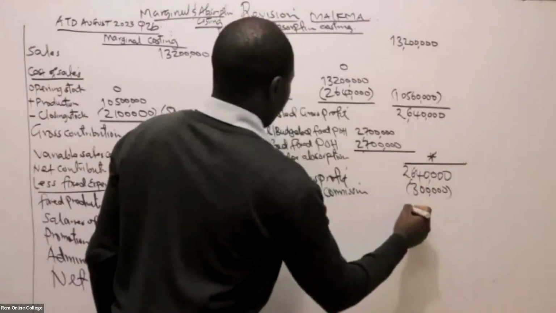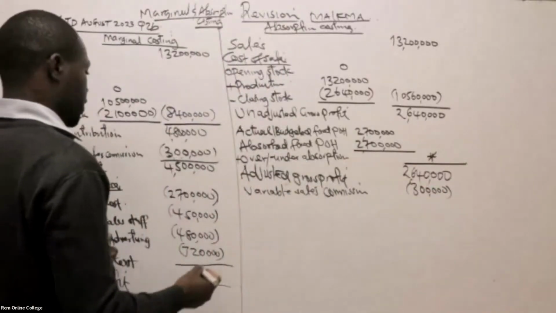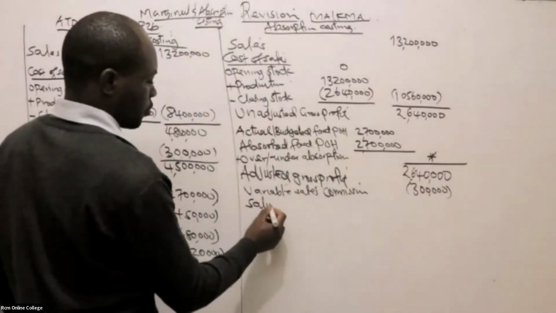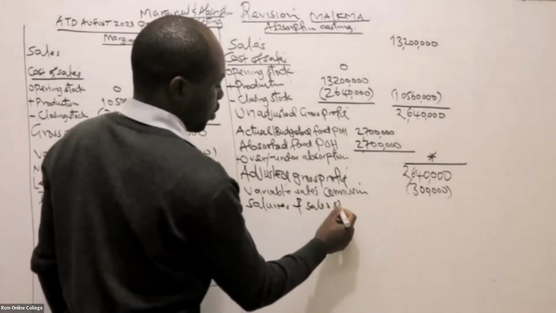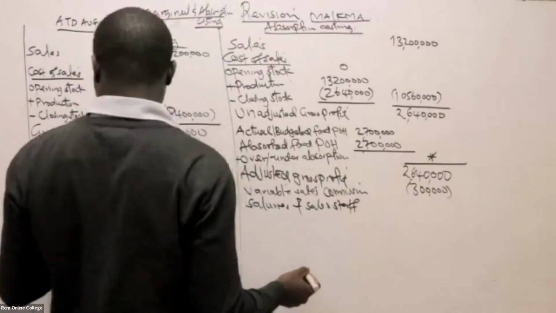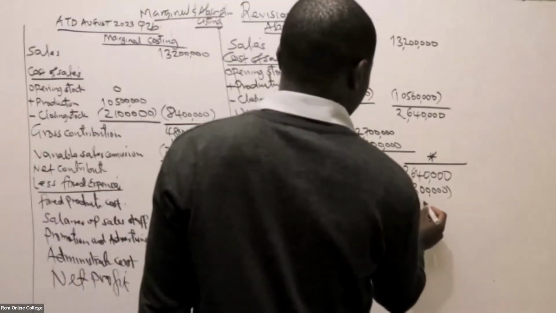Then we go to salaries of sales staff. How much do we have? 450,000.